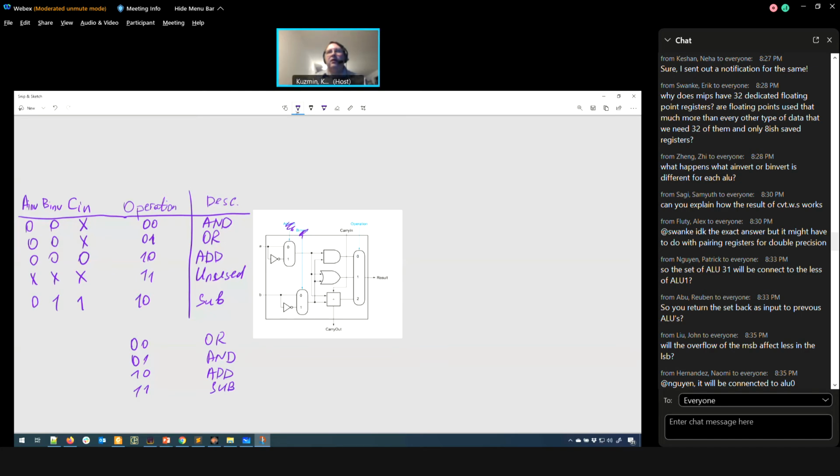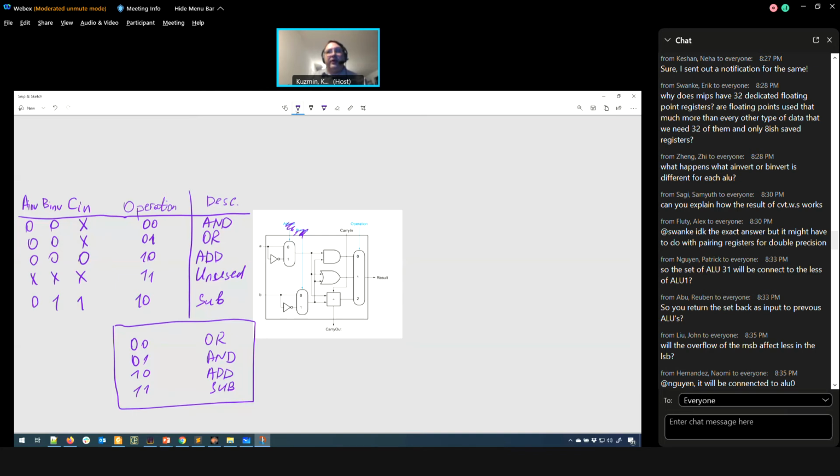Take this circuit and make minimal changes to make it happen. And of course carry in stays, so there's nothing we can do about it, so it's fine. But the idea is to get rid of those clunky A invert, B invert.